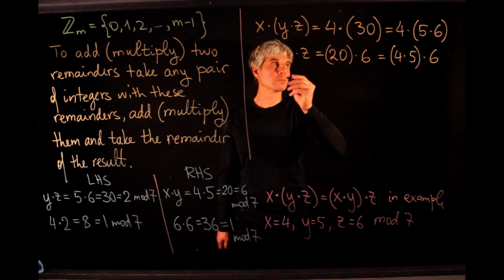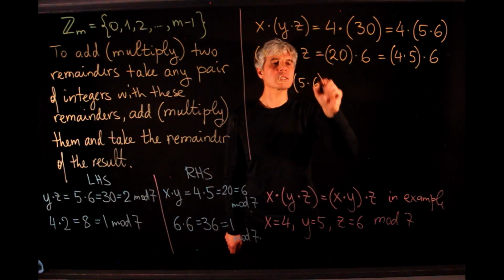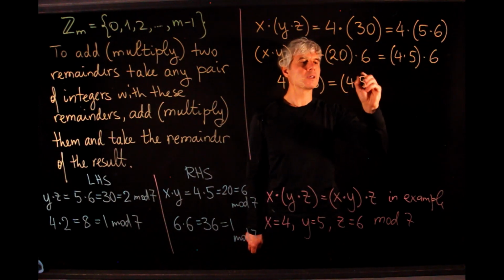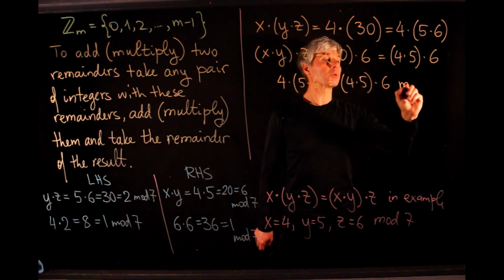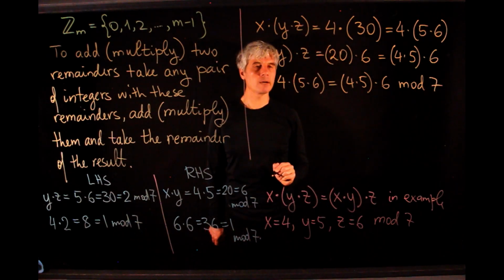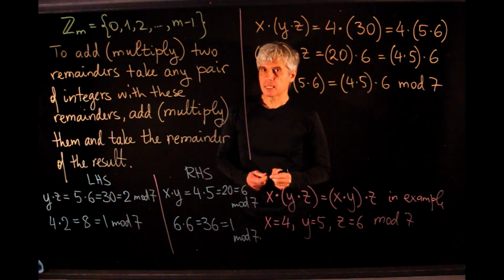And so we can clearly see that 4 times 5 times 6 is the same as 4 times 5 times 6 as an integer, but also as a remainder after division by 7.